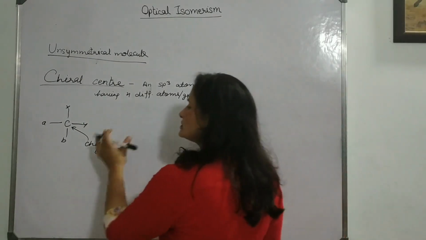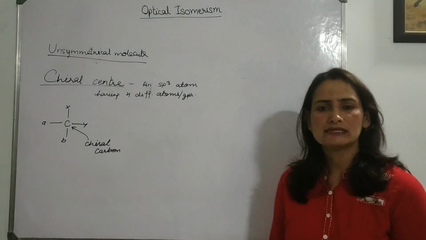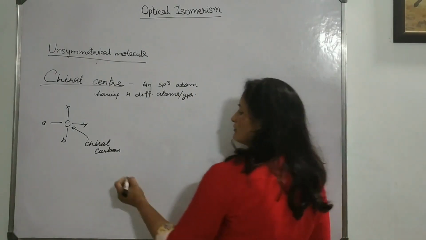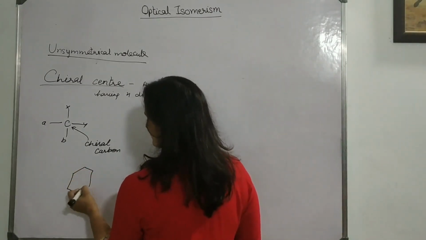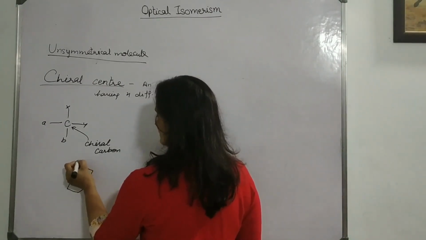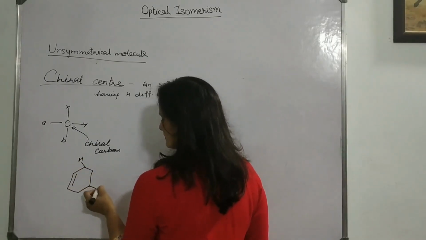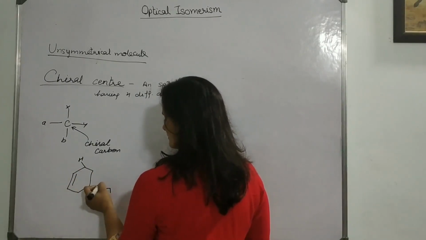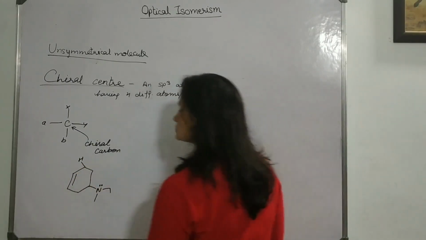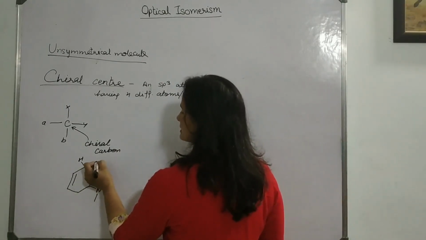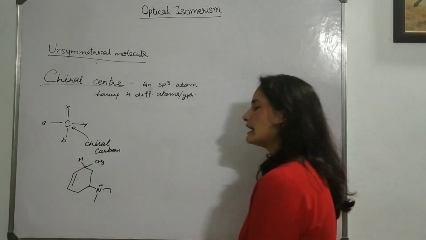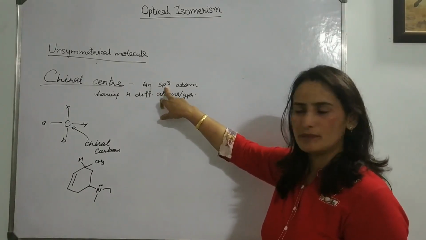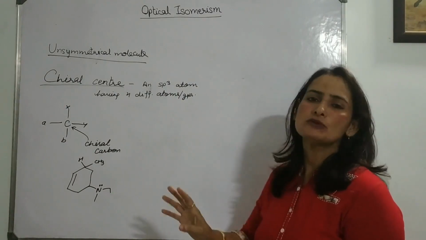Okay? So, I'll give you some examples to find the chiral centers and to check the chirality in the molecule. Okay? For example, how to check how many chiral centers are there? First of all, always search for the sp3 atom. For any sp2 atom, no need to check the chirality.